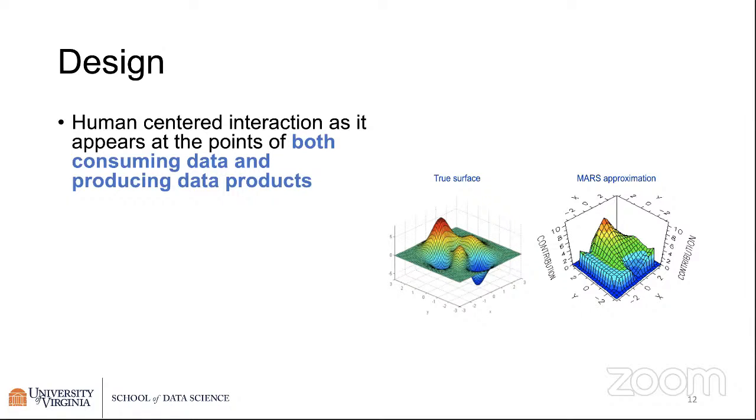You're the human trying to understand what it is that you're dealing with. But it also deals with your customers, your stakeholders, everybody that you're interacting with. The design component is all about this human interaction with the data, with the technologies, with the products of the data science work. All of that is what's involved.